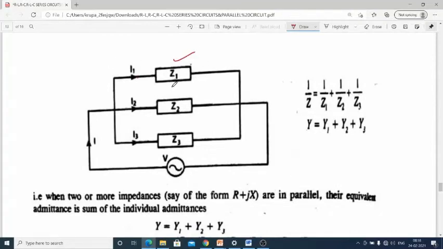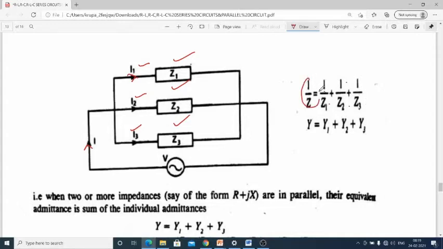So this is the parallel circuit diagram representation. Z1, Z2 and Z3 are connected with the supply voltage V. The total current is I. In each branch, the current is treated as I1, I2 and I3. In parallel network, the current is divided, whereas the voltage drop across each element is the same. So 1 upon Z is equal to 1 upon Z1 plus 1 upon Z2 plus 1 upon Z3.